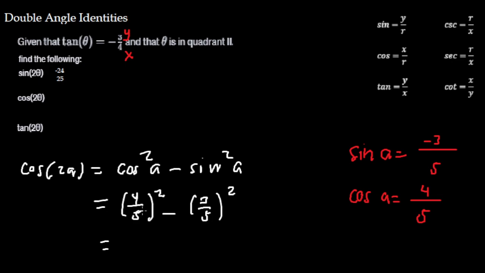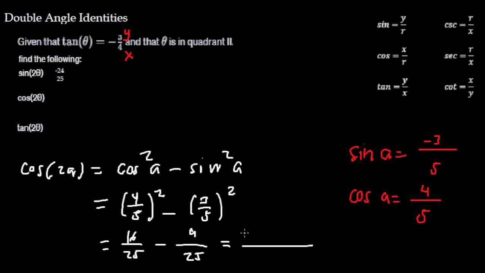4 over 5 raised to 2 is 16 over 25. Minus 3 over 5 raised to 2 is 9 over 25. Now, since denominator niya is the same, let's just copy.